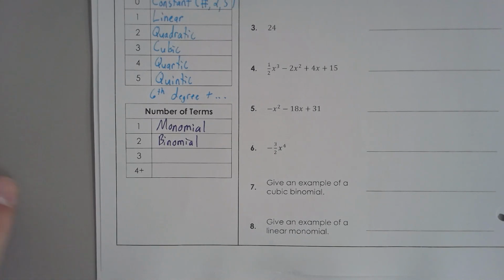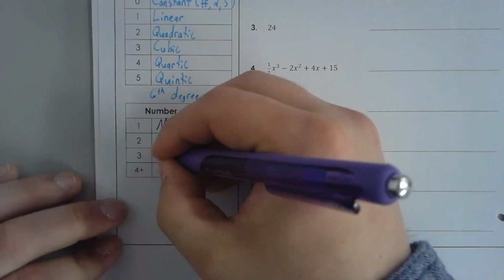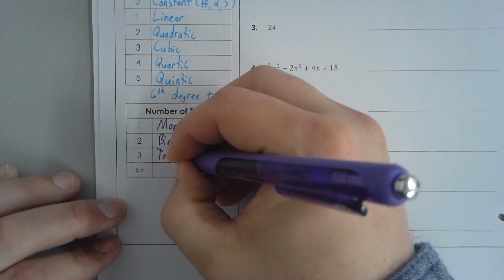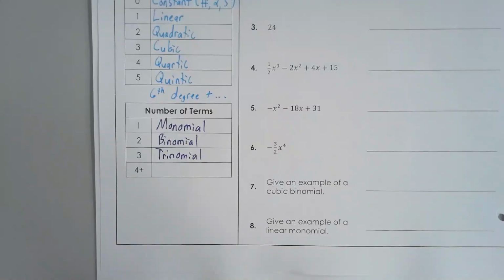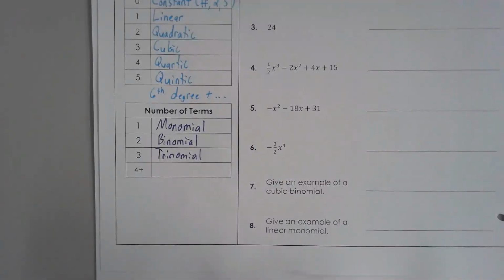Alright, what if it's got 3 terms? I bet somebody can guess it. It's got 3. Cubic nomial. No. Think more basic. Trinomial. Trinomial. Perfect.